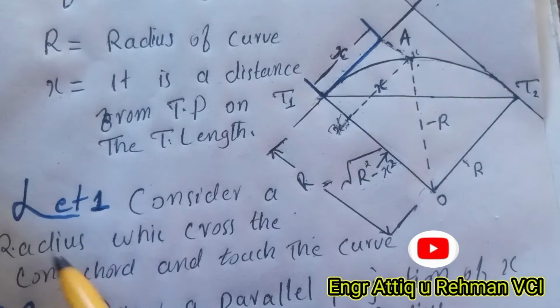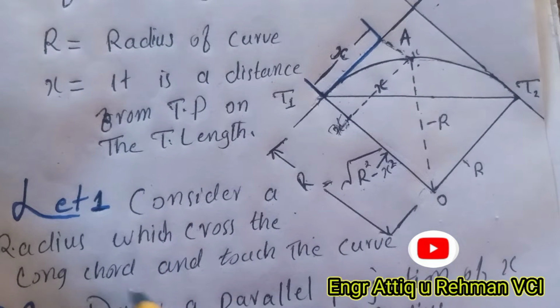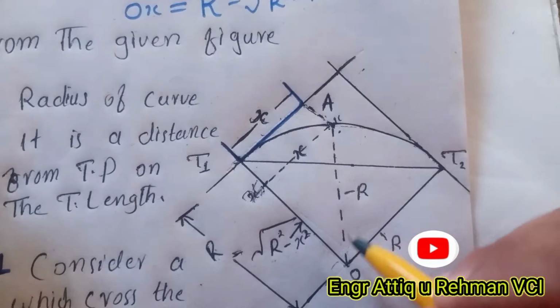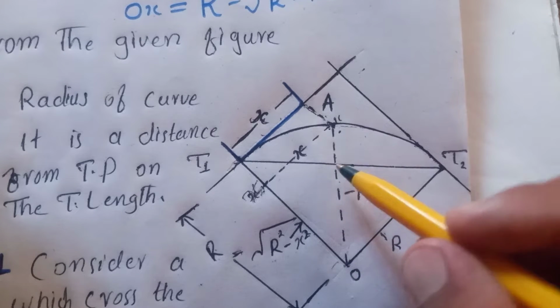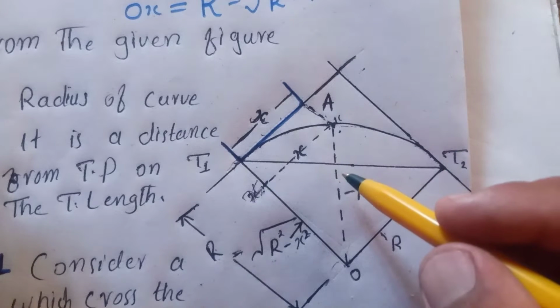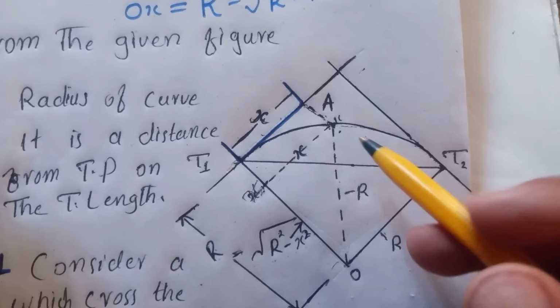Let us consider a radius which crosses the long chord and touches the curve. You can see here that the broken line is considered as a radius which starts from this origin, crosses the long chord and touches the curve. So this radius is equal to this radius and this radius because of a simple curve.